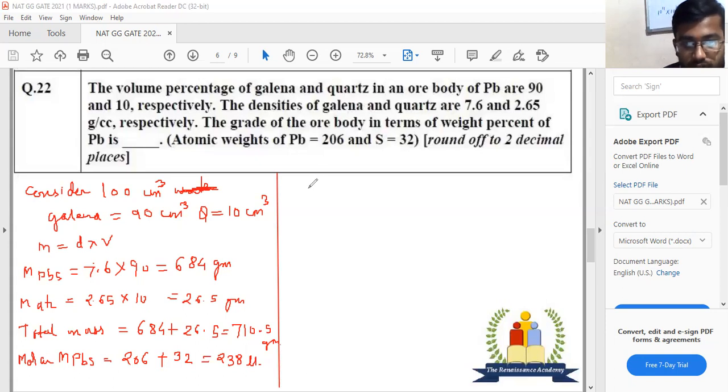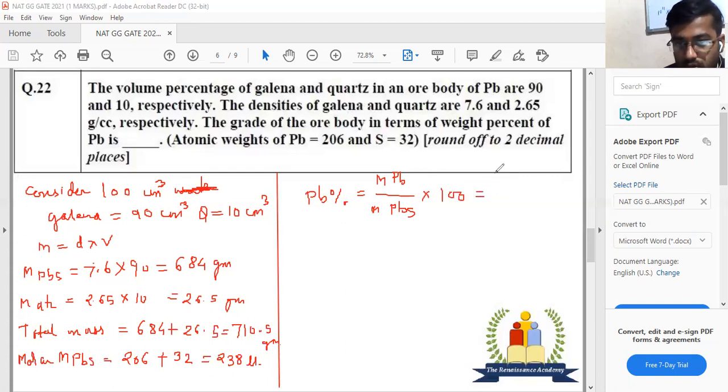Now calculate the Pb percentage. So it should be mass of Pb upon molar mass of PbS. Okay. Formula is given mass upon molar mass multiplied by 100.